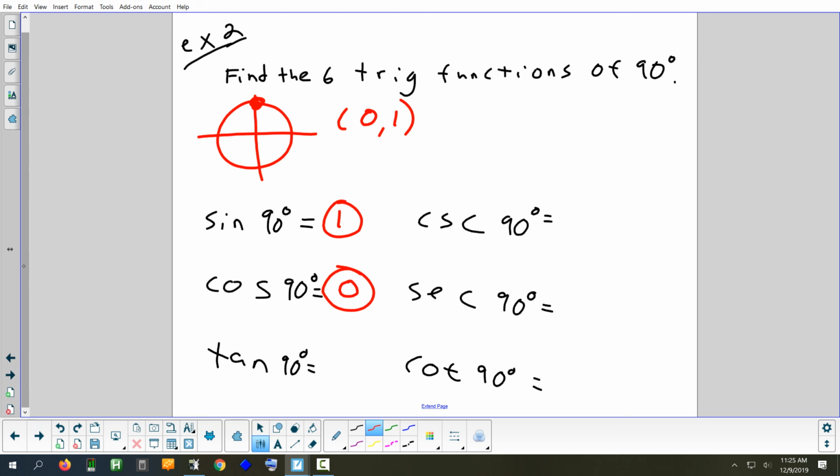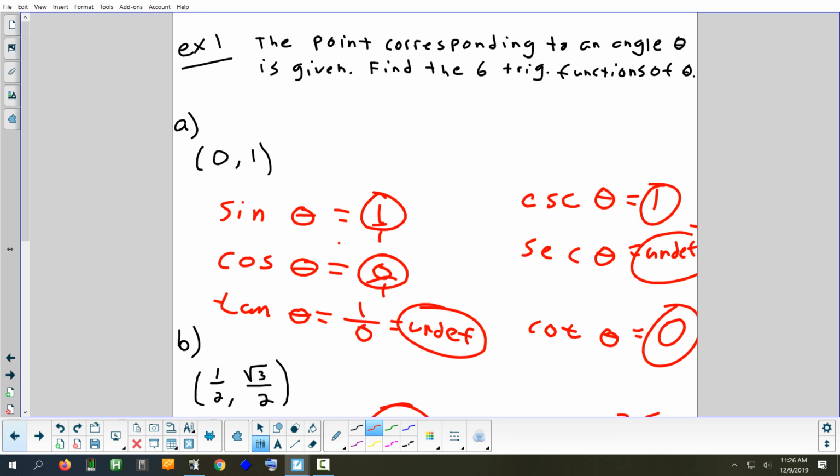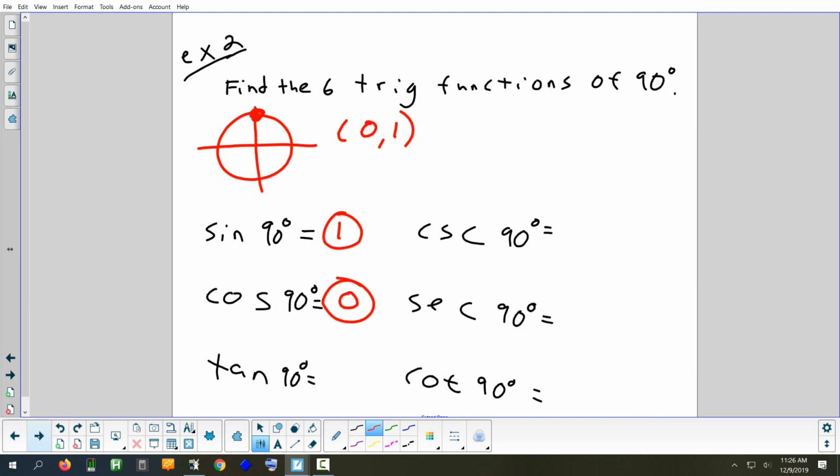This problem should look very familiar. We've already done this. The coordinate is 0, 1. That's the problem you guys just did. Example 1a. So we've already done it. The only extra step is you had to find the coordinate first. So I'm not going to finish it. But once you find the coordinate, you're good. Do it just like we did example 1a. So I'm going to put in parentheses. It's the same problem.